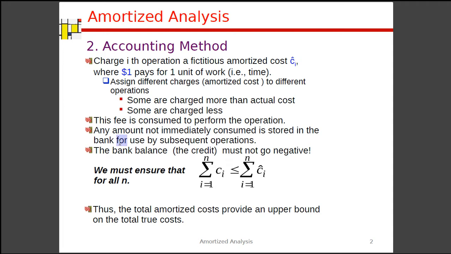That is a concern. We should always ensure that for all n operations, the summation of the amortized costs from i to n is always at least the actual cost. That means the balance should always be positive. Thus the total amortized cost provides an upper bound of the total true cost.